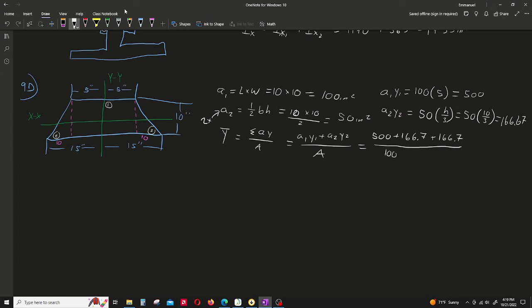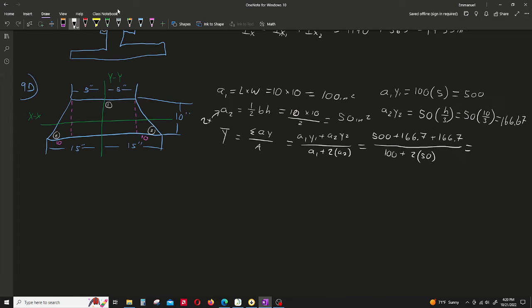Total area that we have is going to be 100. So that's A1 plus A2, which actually, let me write it down here. So we just got A1 plus 2 times A2. And this total value here is going to be, now I'll just put this as 50.